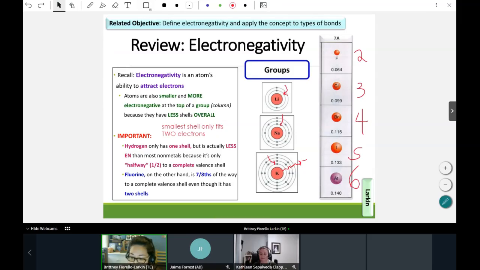So fluorine is 87.5% or 7/8 of the way full. And so fluorine's actually closer to being full, and therefore fluorine is more desperate for electrons than hydrogen. Fluorine is so close to being full, it's going to be more electronegative. It's desperate to finally fill itself up.